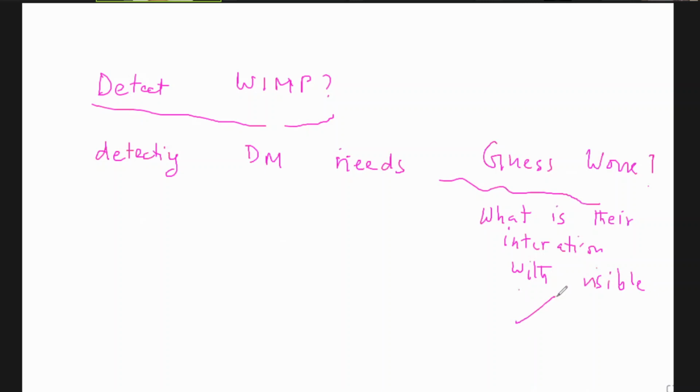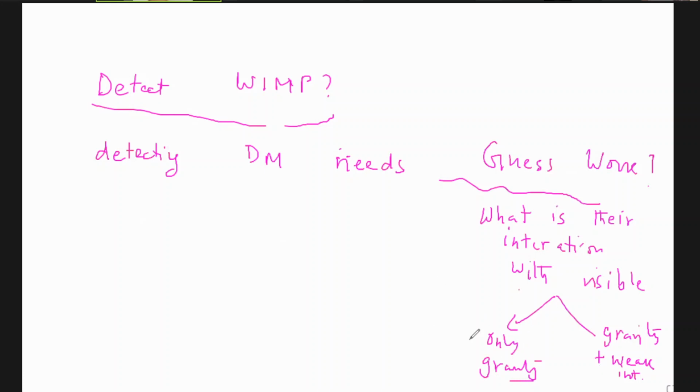Now there are two choices. One is they can only interact with gravity. Another is gravity, too, because without that you cannot see them, plus weak interaction. This is allowed. Strong interactions and electromagnetic interaction is not allowed for dark matter, otherwise we would have detected it already.